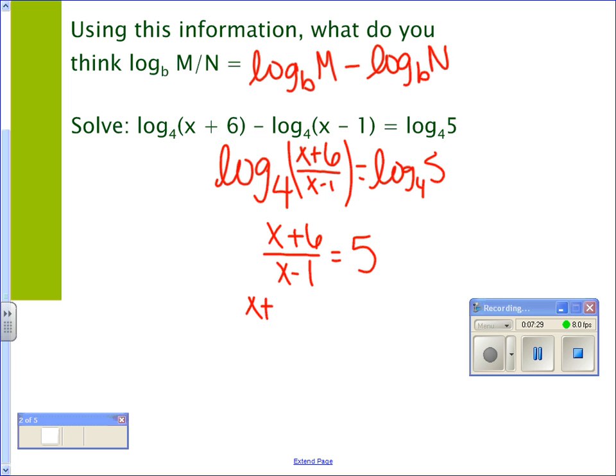So x plus 6 equals 5x minus 5 by cross multiplication. 4x would equal 11. What would x equal? Does that work? Any questions? Okay.